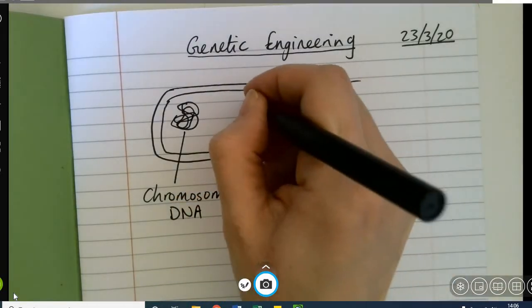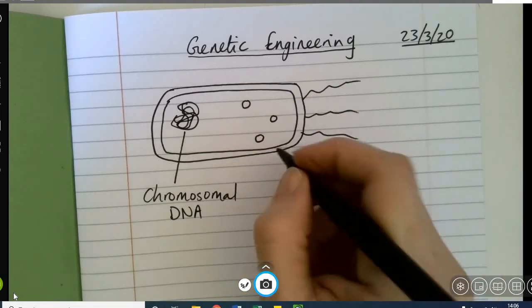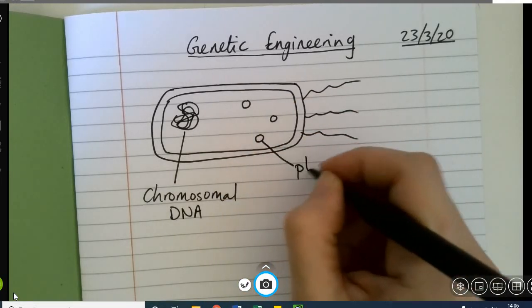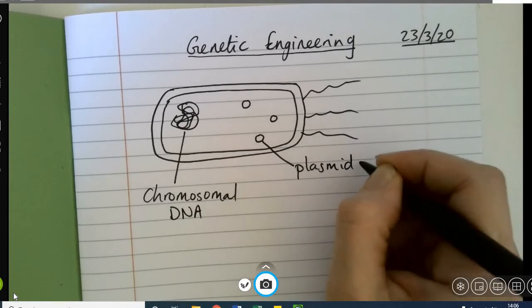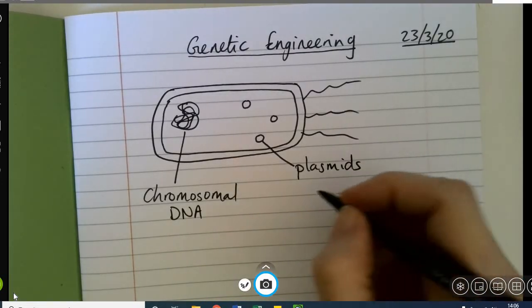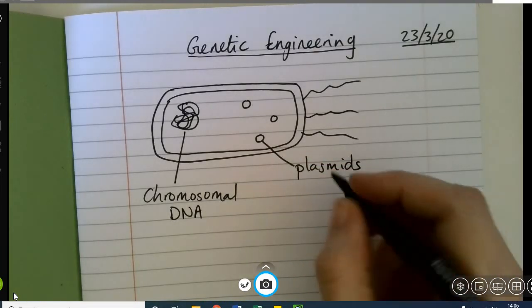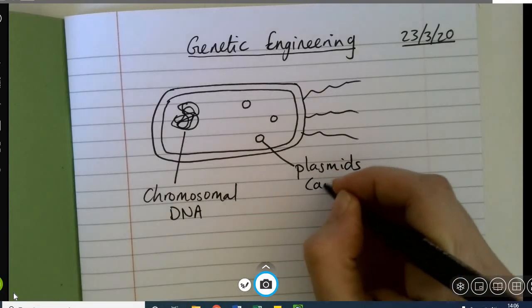But bacteria also contain small rings of DNA called plasmids. And these are the bits we're interested in when we're looking at genetic engineering. So plasmids quite often will contain genes to do with antibiotic resistance.